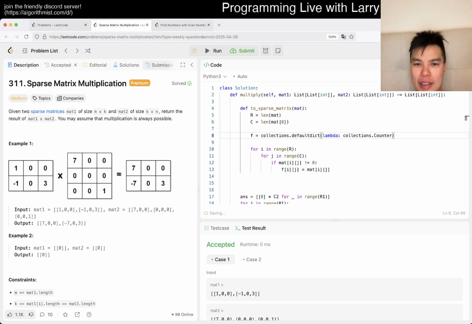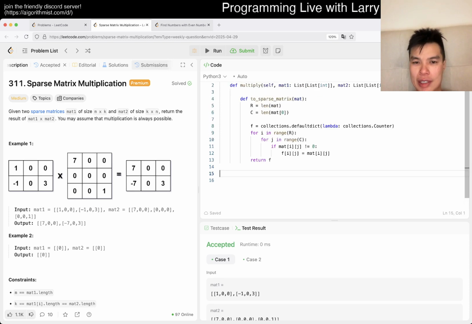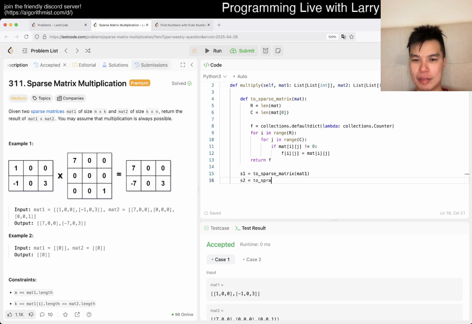It's just a two-dimensional thing. So you have something like this, and now we can rewrite this as to sparse matrix map 1. So maybe S1 is equal to this, S2 is equal to again, right?